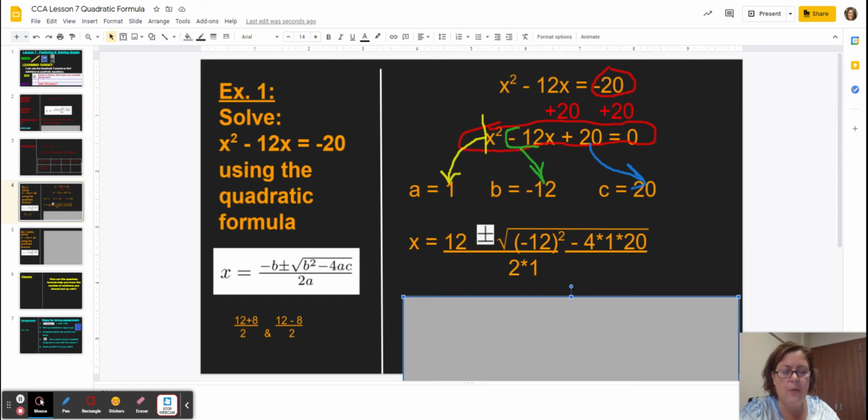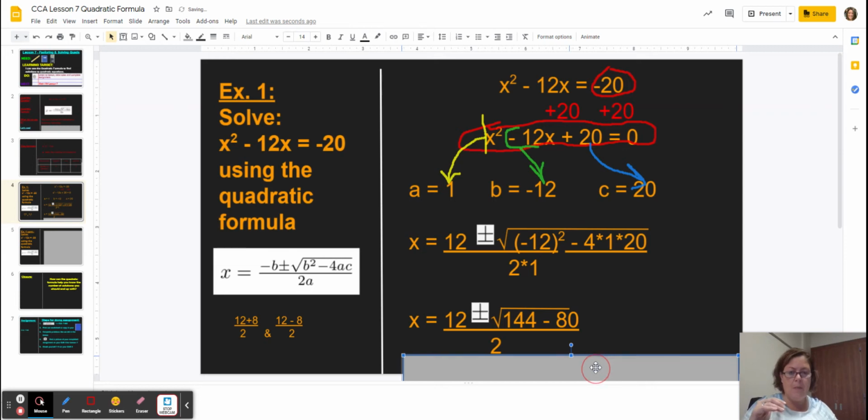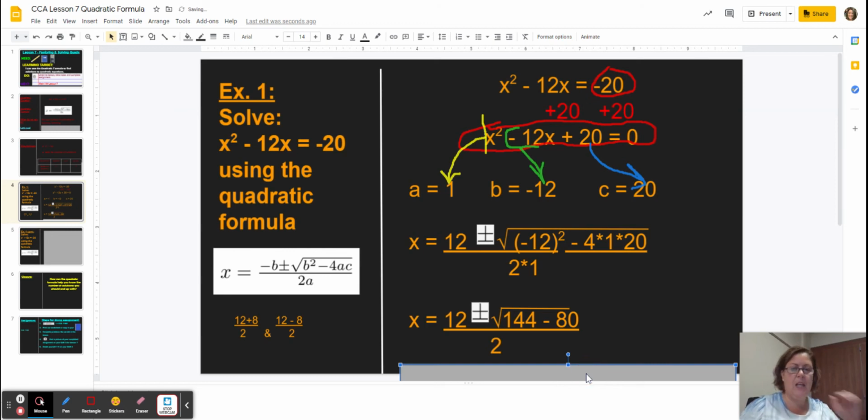That's 144. Then I'm going to multiply 4, 1, and 20, which is 80. And I'm going to multiply 2 and 1, which is 2. So the next line down on your paper, you should have x equals 12 plus or minus the square root of 144 minus 80, all over 2. Each line down, we're simplifying using the order of operations as best that we can.